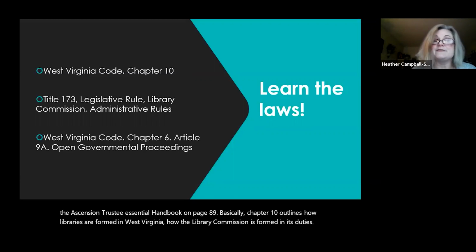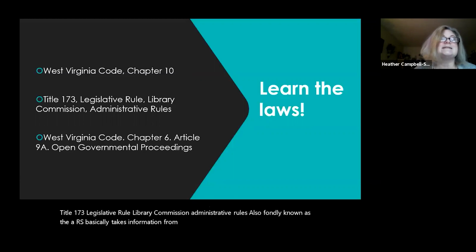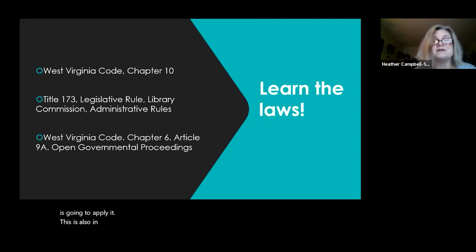Title 173, Legislative Rule, Library Commission Administrative Rules, also fondly known as the ARs, basically takes information from Chapter 10 and says how the Library Commission is going to apply it. This is also in the Trustee Essential Handbook starting on page 100.